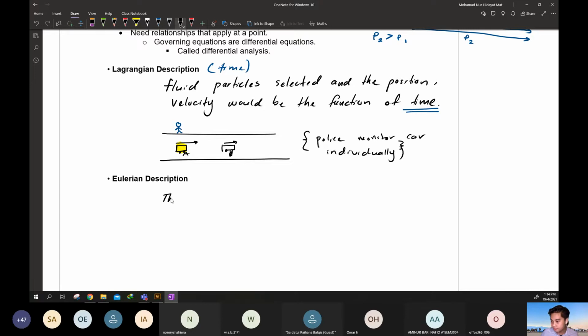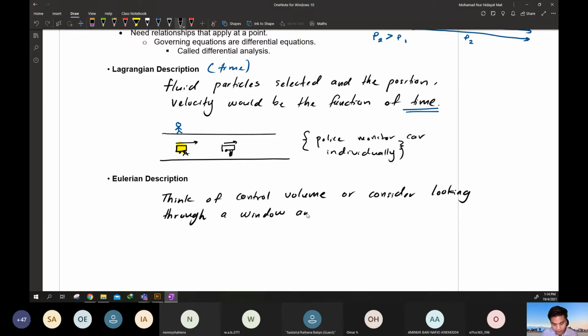We need to think of a control volume, or consider looking through a window and watching flicks.